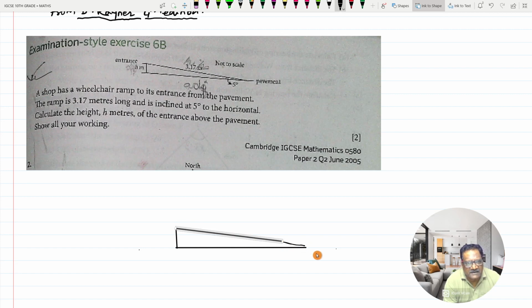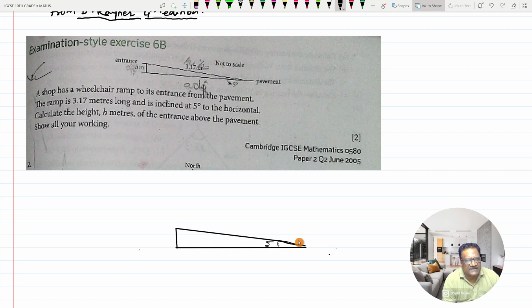Now I'll have to draw that again. And this angle given is 5 degree. This angle is 5 degree.